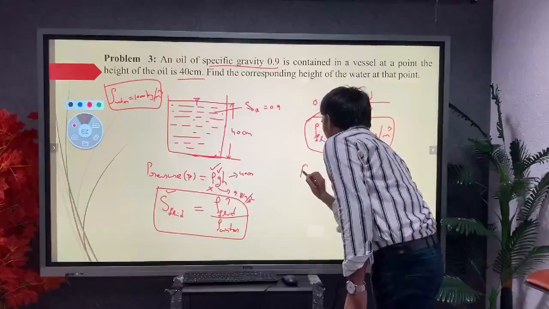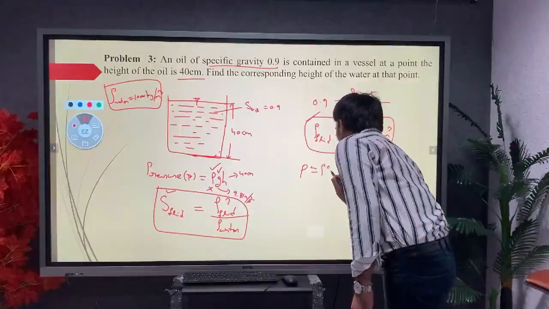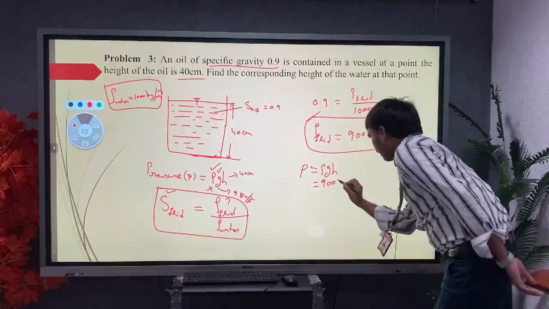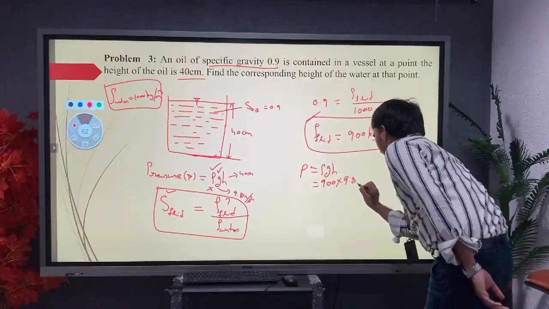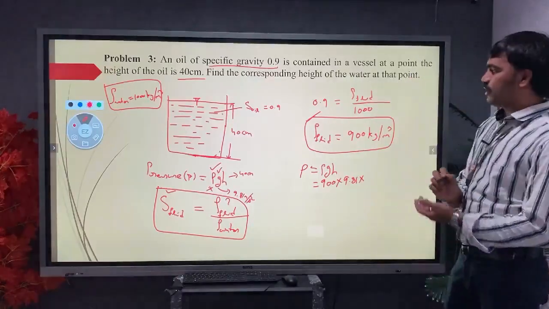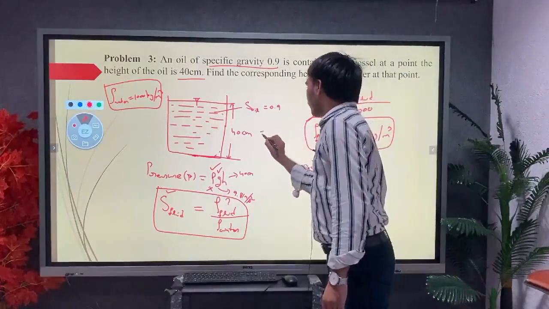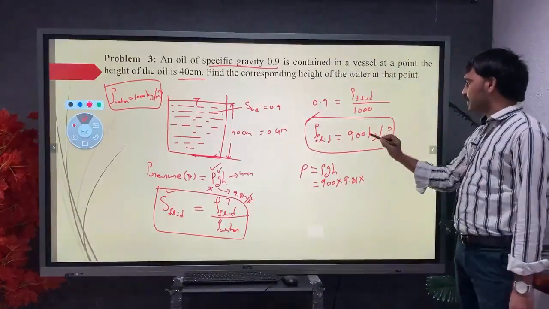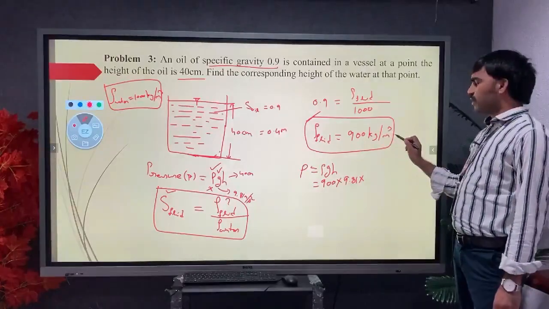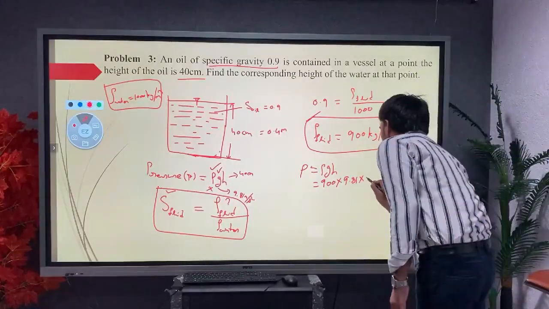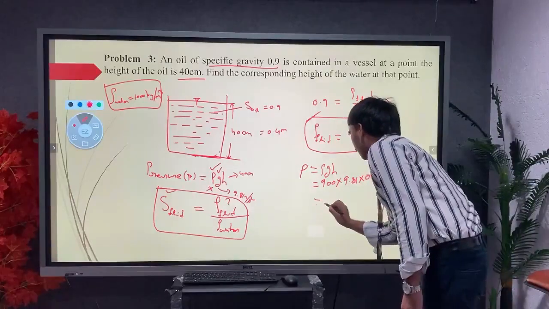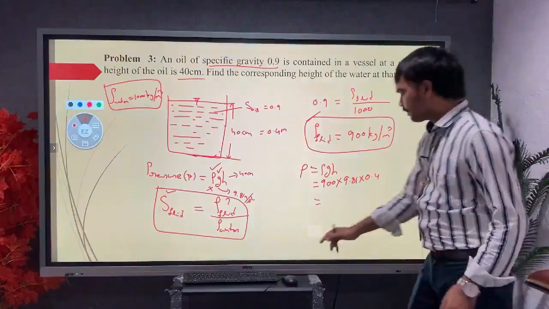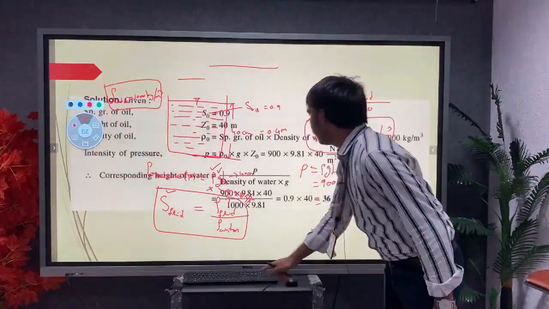So P equals rho g h, where rho is 900, g is 9.81, and h is 40 centimeters, converted into meters, 0.4 meters. Why do we have to convert into meters? Because the density of the fluid is in kg per meter cube, so we multiply with 0.4. Now we will get the value of the pressure. How much is it?